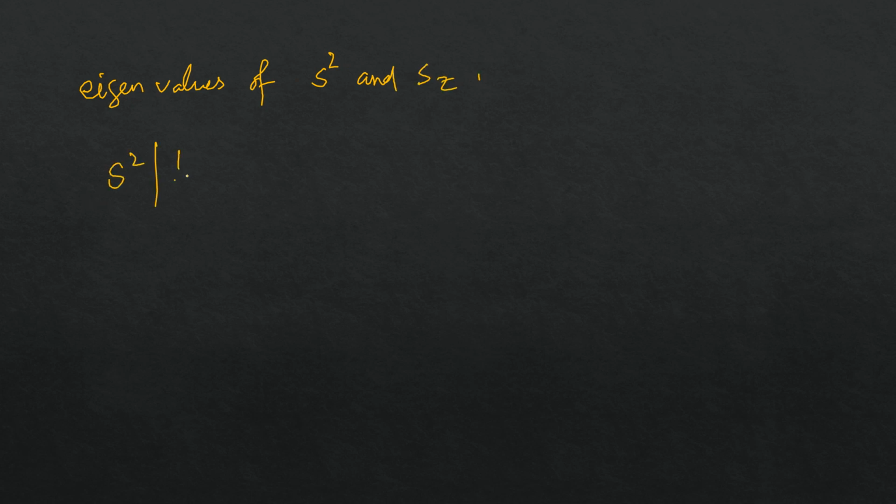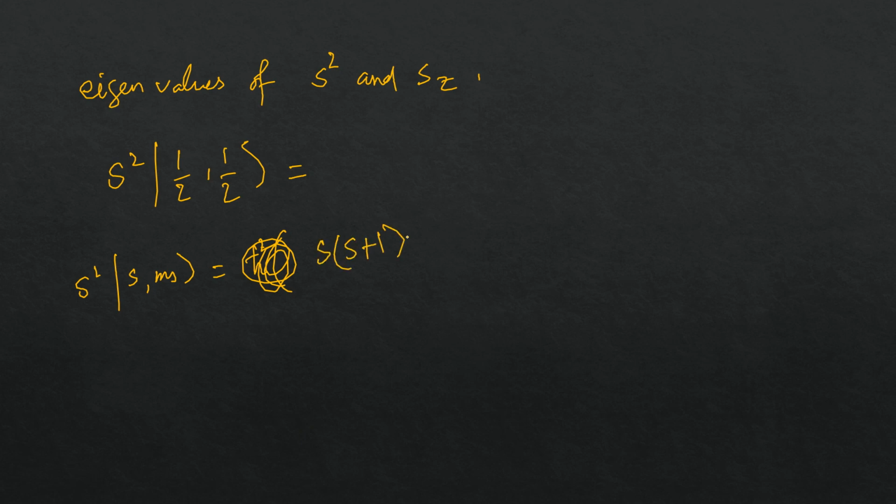Now tell me eigenvalues. We will calculate eigenvalues of s square and sz. So s square on |1/2, 1/2> will be how much? See, this is s square on |s, ms>. That is h cut square, there won't be a root because this is s square, right? So s into (s plus 1) h cut square, simply |s, ms>. This one won't be changed.